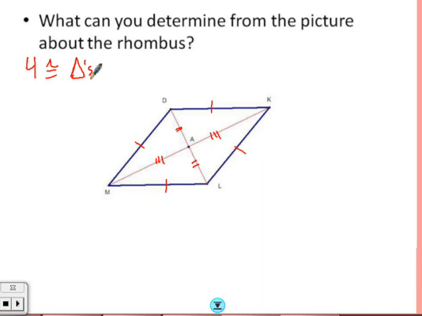And then there's something even more specific. We did a unit where we talked about tessellations, and we talked about the vertex of a tessellation is equal to 360 degrees. Well, if I know that these 4 angles are all the same angle, because the 4 triangles are congruent, and I know that they add up to 360 degrees, then I know that those 4 angles are all right. So when we draw the diagonals of a rhombus, what we end up with is 4 congruent right triangles. Okay?